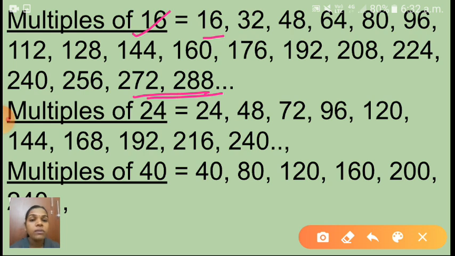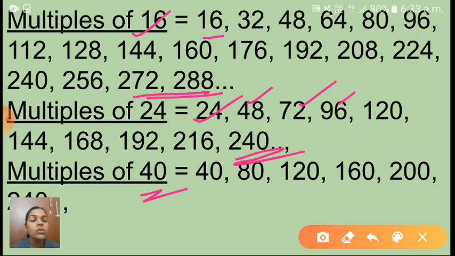Next one is what? Multiples of 24: 24, 48, 72, 96. Up to 240 I have written here. Next, which number's multiples do we write? Yes, multiples of 40: 40, 80, 120, 160, 200 and 240 I have written.